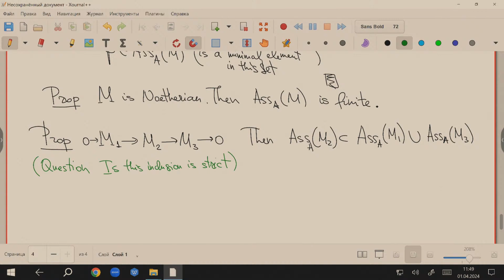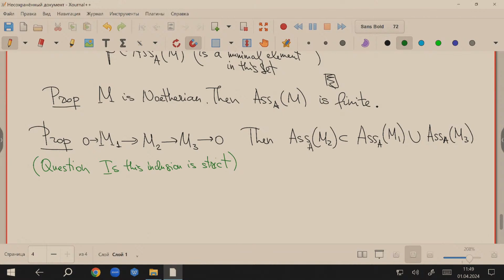Ну, например, кто-нибудь может сразу привести пример? Пример простой. Можно даже с модулями на Z. Ну, какие вы вообще точные последовательности знаете?